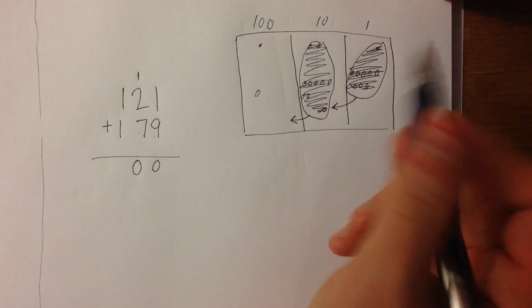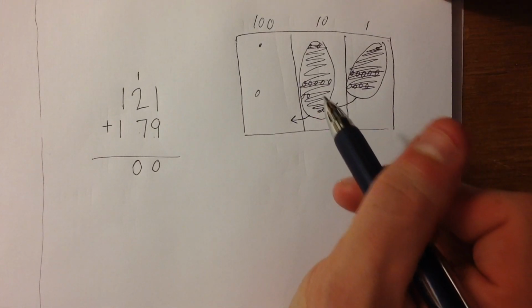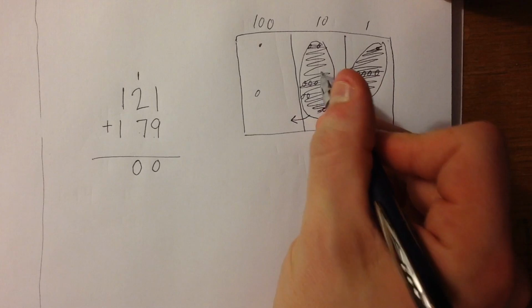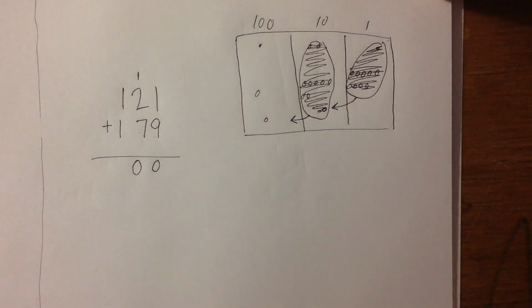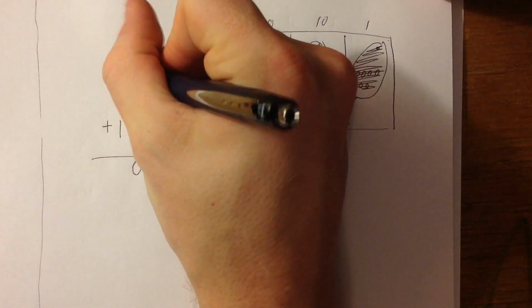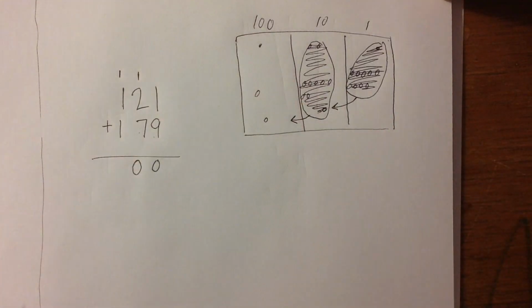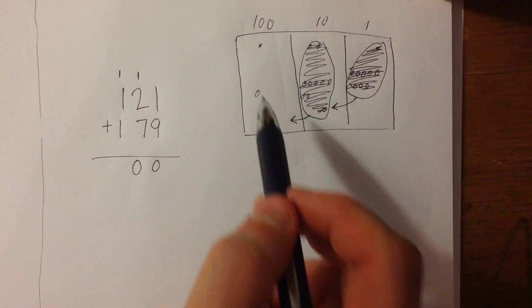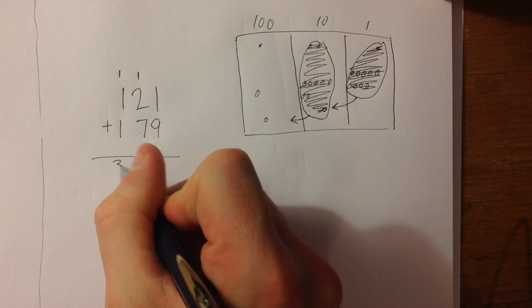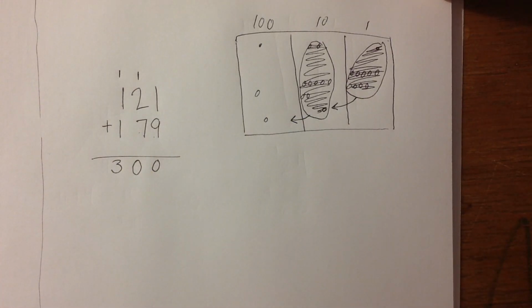Because we're carrying this group of 10, or 10 tens makes 100, we draw a 1 to represent the fact that we carried it, and then we've got 100, 200, 300. We can do this with a lot more complicated numbers, but hopefully this gives you a little place to start, and if you have any other questions, just let me know.